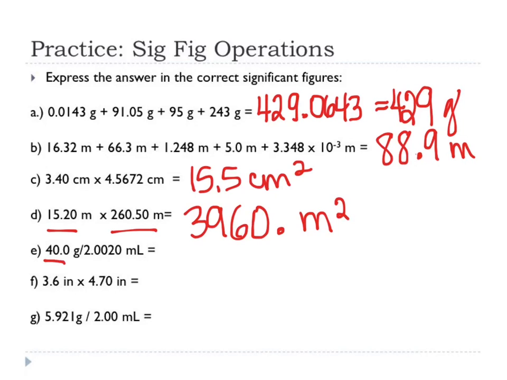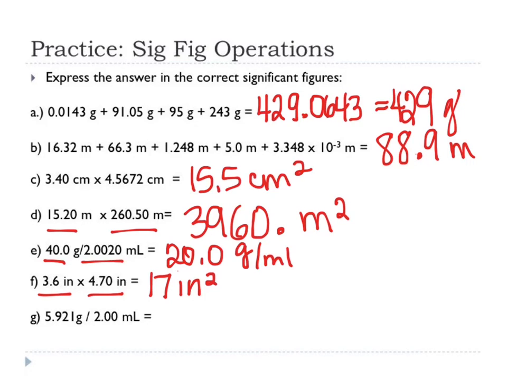Here I have 3 sig figs. Here I have 5 sig figs. I'm dividing, so my answer needs to be in 3 sig figs, so my answer will be 20.0 grams per milliliter. The next one is multiplication, and I have 2 sig figs, 3 sig figs, so my answer needs to be in 2 sig figs, so my answer should be 17 inches squared.